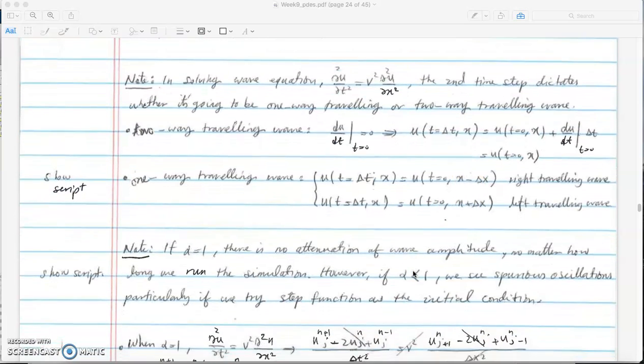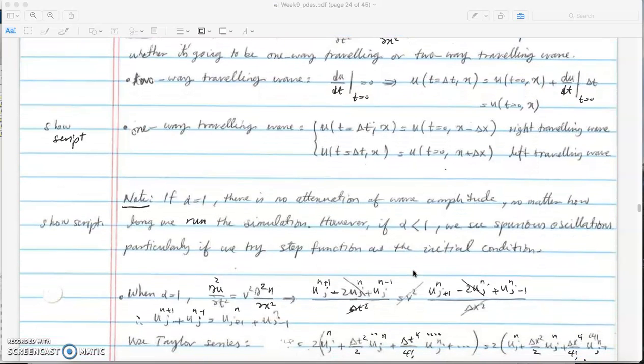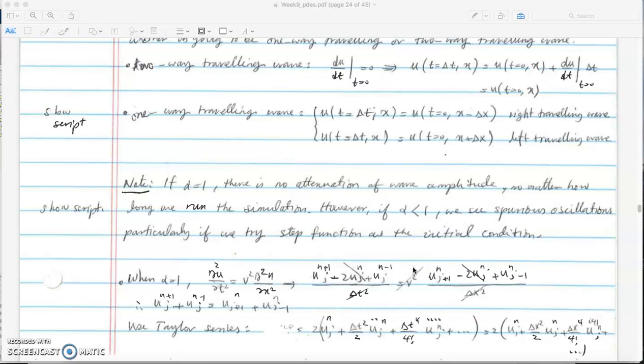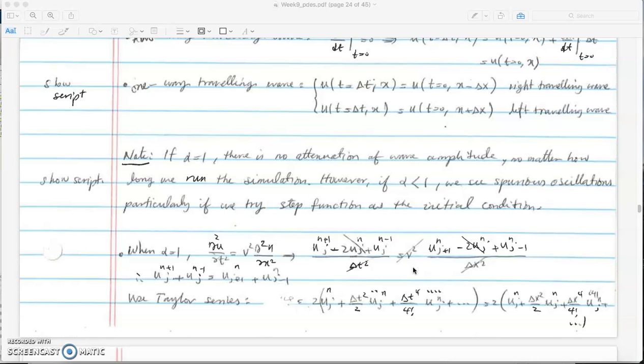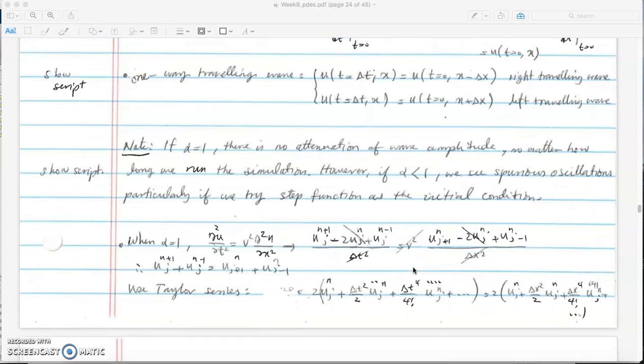All right. So one last thing I want to talk about in Leapfrog is, when we set alpha equal to exactly 1 in direct method, we're going to show why it leads to the leapfrog exactly and why we don't have any attenuation of the wave magnitude.